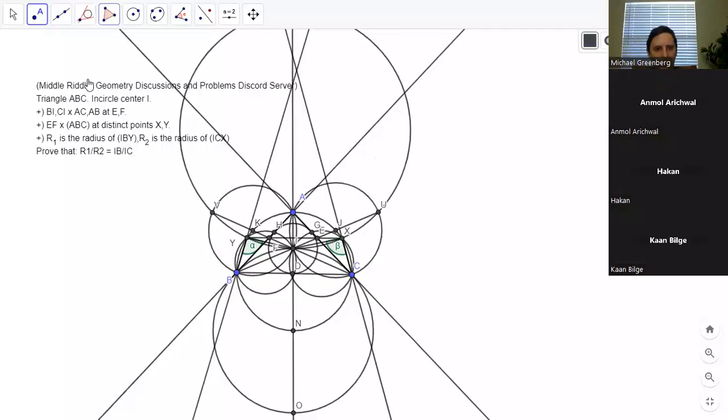Let's see. These are the X centers. Oh, I forgot. V, A, and U are collinear.